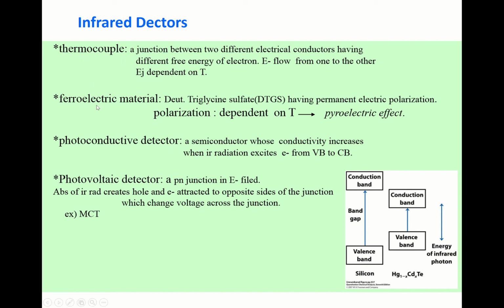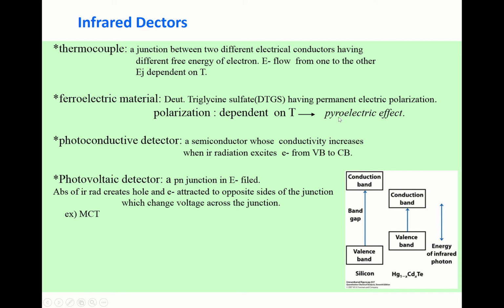Another one is a ferroelectric material, for example deuterated triglycine sulfate, which has a permanent electric polarization. Upon irradiation with an IR beam, this polarization changes. That is called the pyroelectric effect.